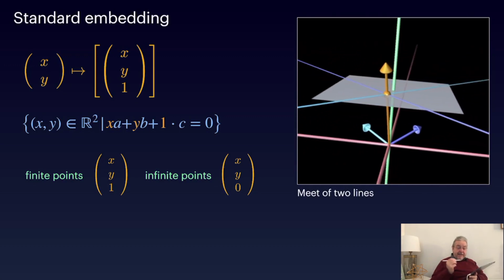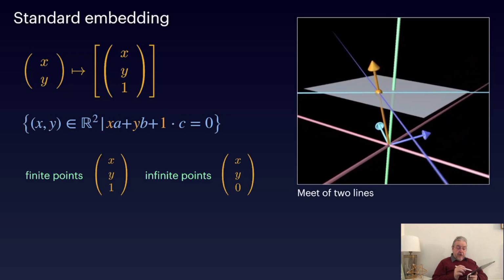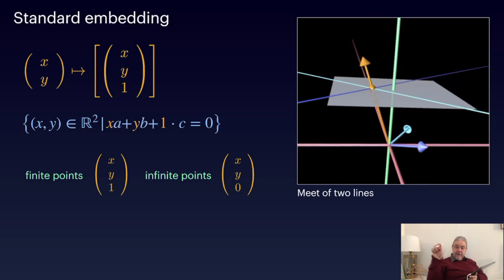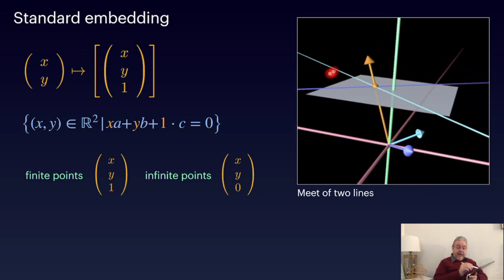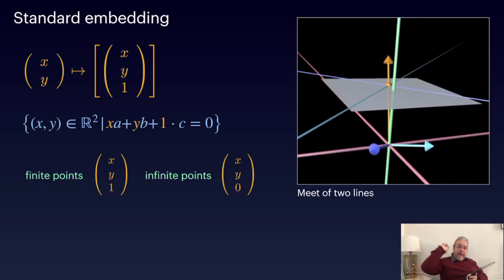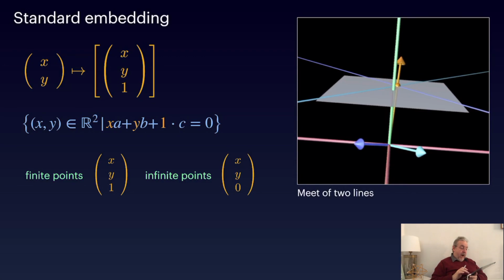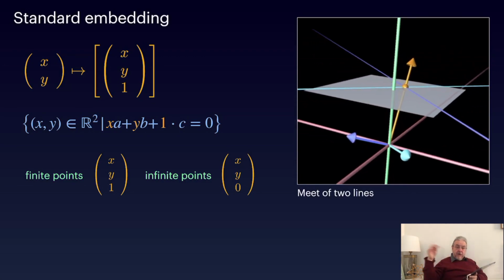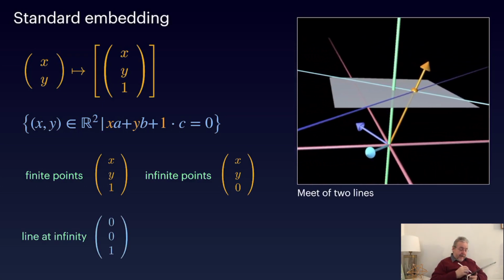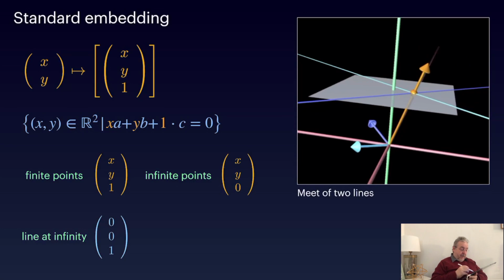You will in a minute see that those points correspond to vectors that lie in the xy plane and essentially intersect this plane here infinitely far away. And all those points will lie on a common line. And what is the coordinate of this common line?